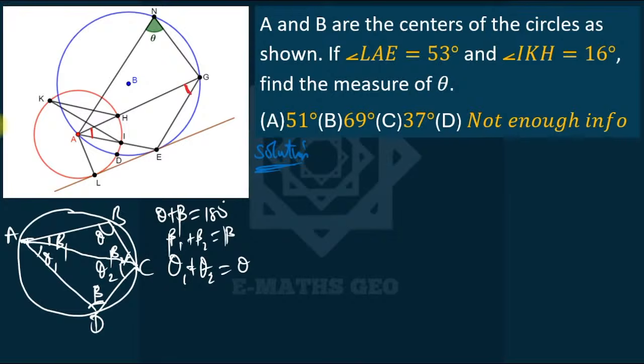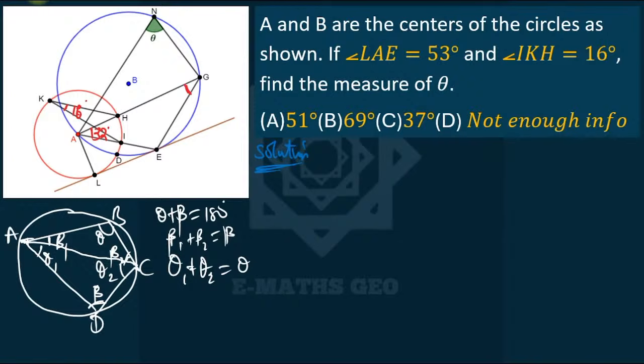From here, we remember we are given that angle IKH is 16. So if this is 16, by Inscribed Angle Theorem, this is 32. Yes, that's angle at the center is 2 times the inscribed angle.